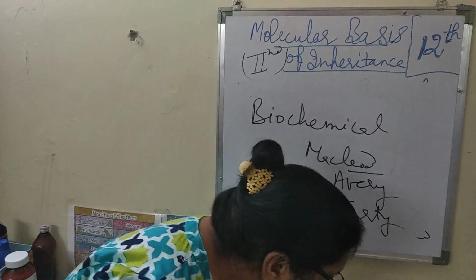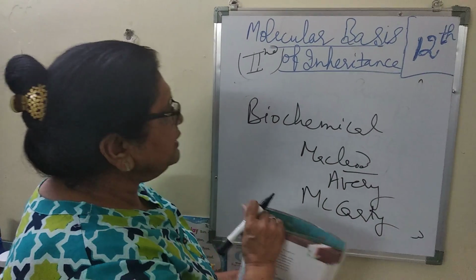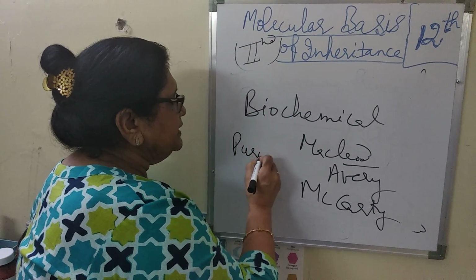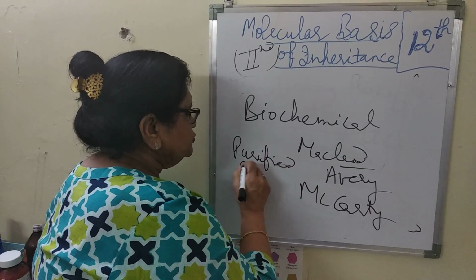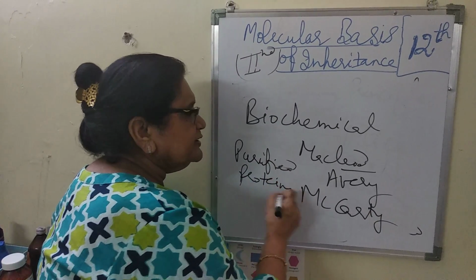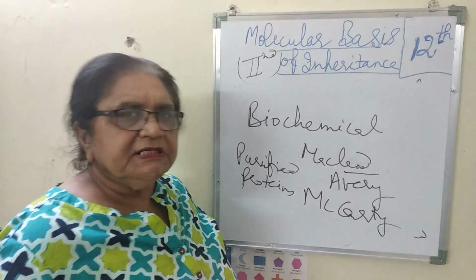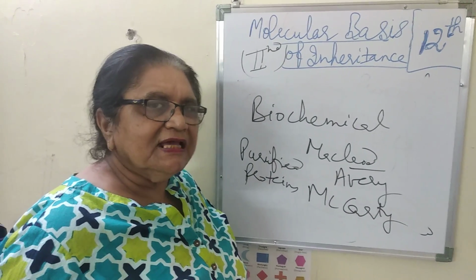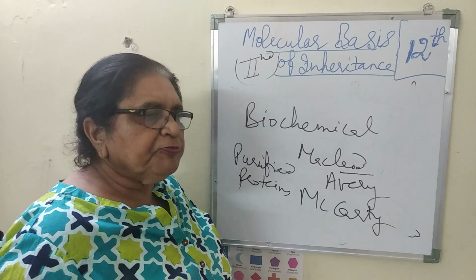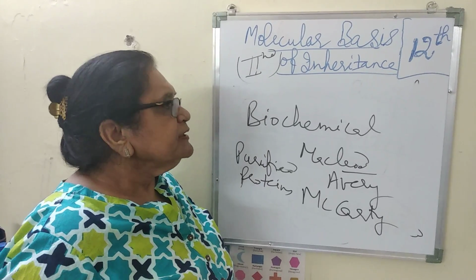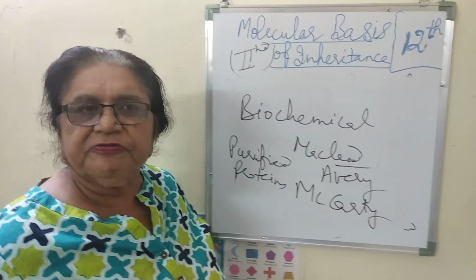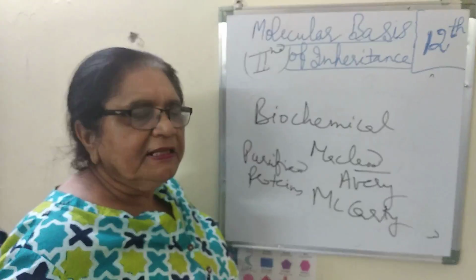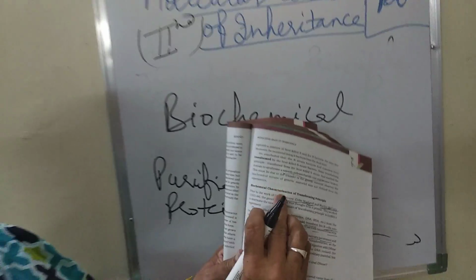They proved that these are not proteins. They purified proteins also, so proteins are not responsible for these changes. So a certain material, that is DNA, is responsible. Then they tested with certain enzymes, DNase and different proteases. They found that these are not responsible for the transforming principle, and the subtopic is called biochemical characterization. So you can learn according to NCERT.